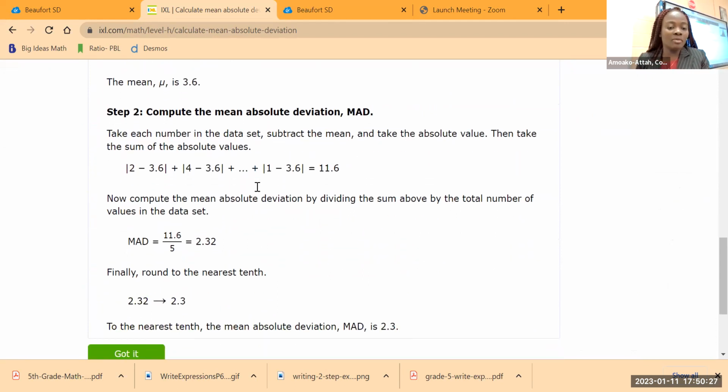Then 11.6 divided by 5 is 2.32, which to the nearest tenth becomes 2.3.